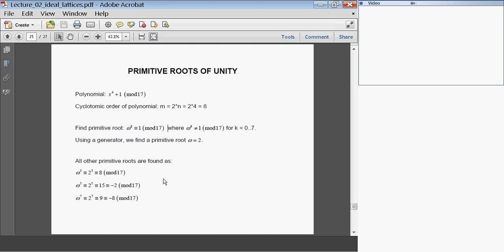So that's what's considered a primitive root. And once you find that primitive root, you can easily compute all other primitive roots that are used for the representation of polynomials. So you don't need to compute all of them. You simply compute one, and then you can use that one to find all the values that you need for the formulation and representation of the polynomial.